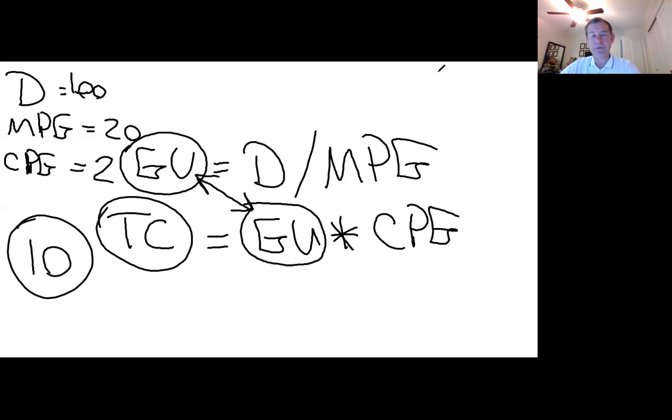So if you have problems figuring out the math, sometimes it makes it easier to assign a simple value to each variable and then try to do the math, right?